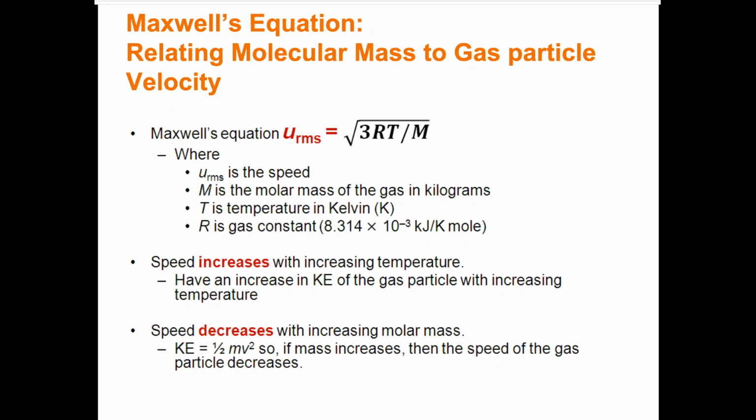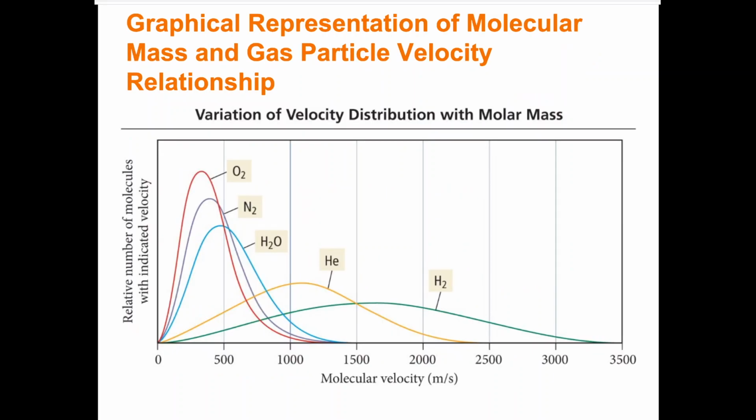Okay, so we were talking about average velocity of particles. And I think at the end you can hear me talking about the slide, but you can't actually see it, so I'll go over it again. What I was saying was, if we look at heavier atoms versus lighter atoms, the average velocity of a heavier atom, say oxygen for instance, is going to be slower compared to a lighter atom.